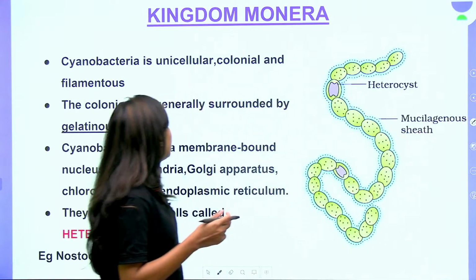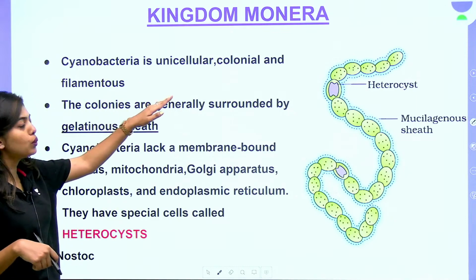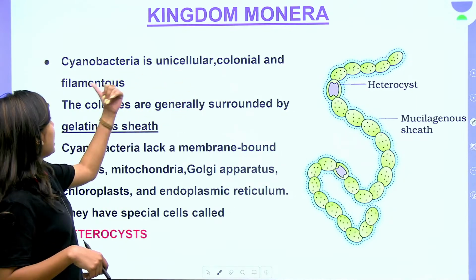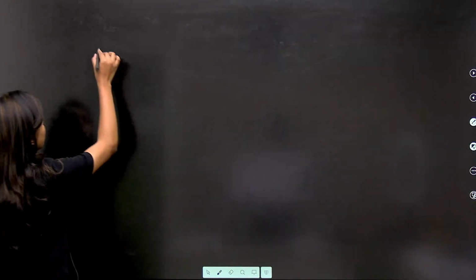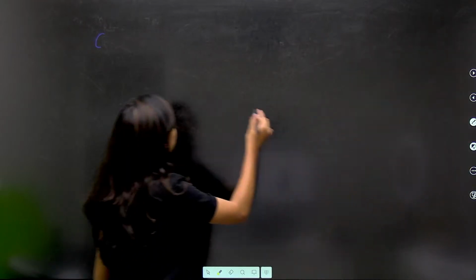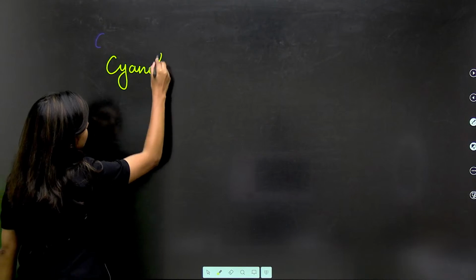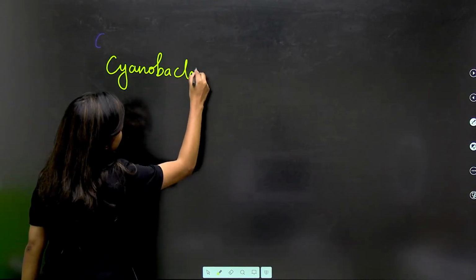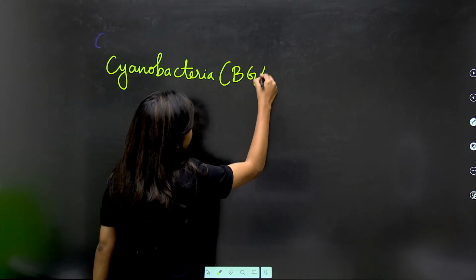Now, look here. This is all about cyanobacteria. Cyanobacteria are unicellular, colonial and filamentous. Now, I will tell you what happens. Look here. Your cyanobacteria is also called BGA, right?